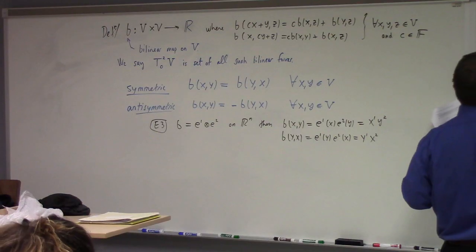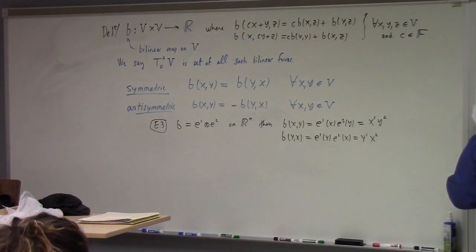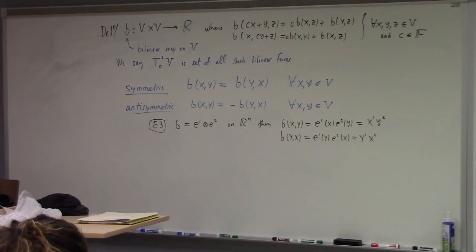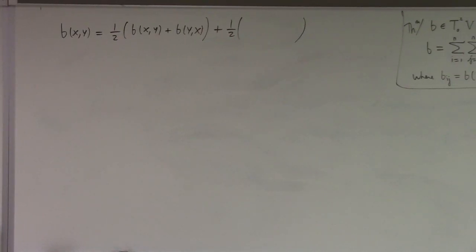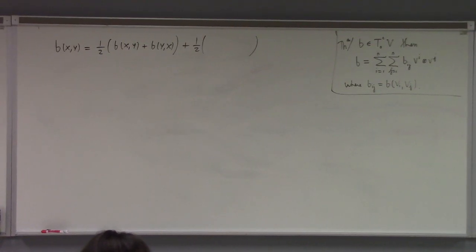And I'll start us out. 1/2 [B(x, y) + B(y, x)] plus 1/2 of what is an identity? So you just add 0, right?